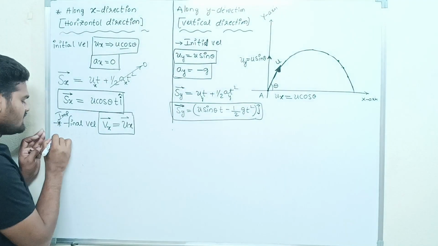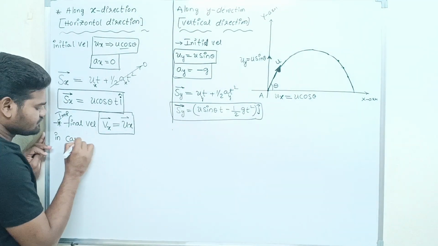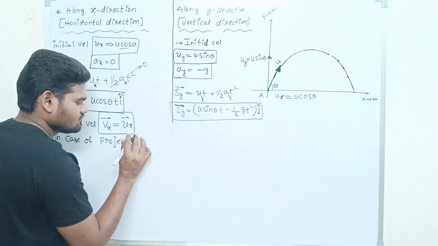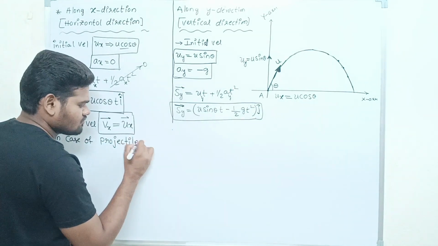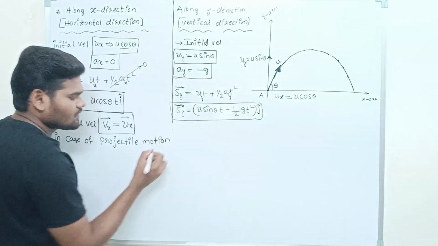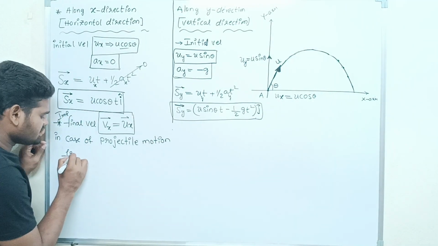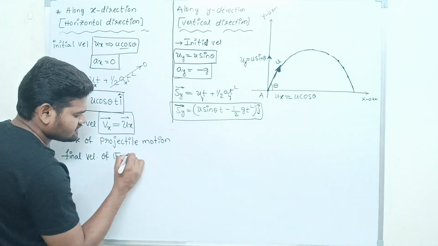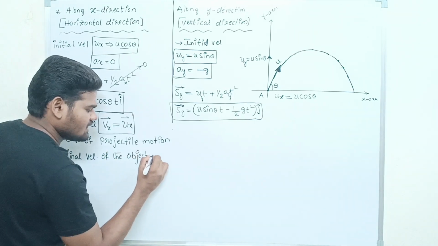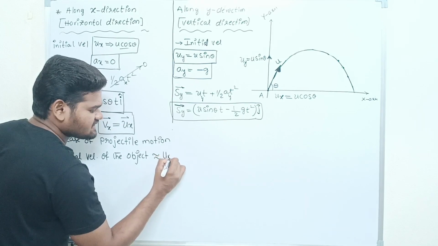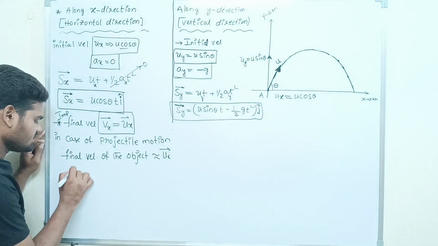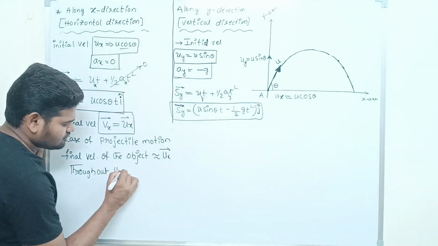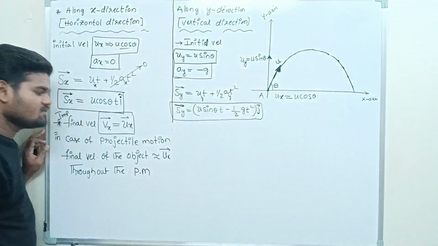Okay. So write down: in case of projectile motion, the final velocity of the object is equal to the initial velocity of the object throughout the projectile motion.